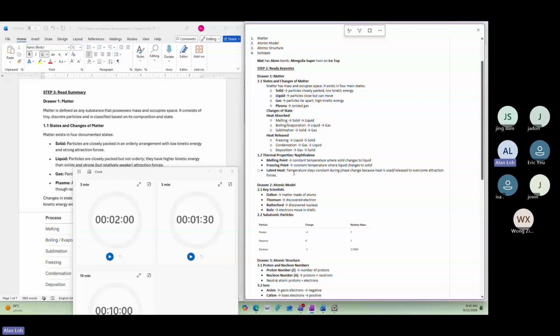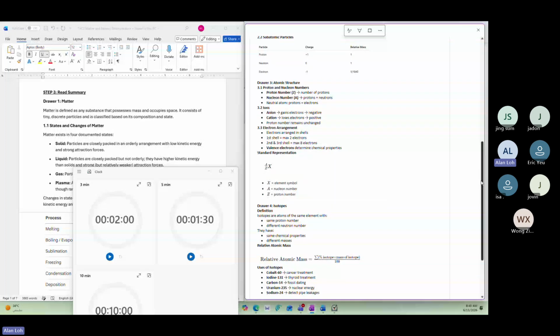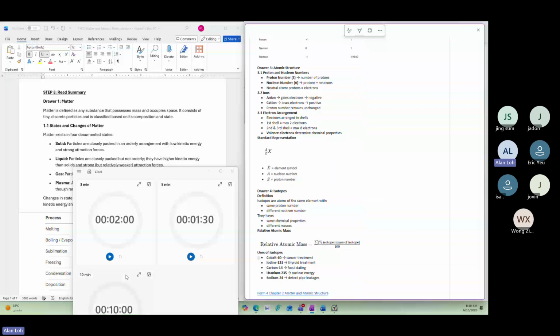Okay. Yep. So that is drawer 1 and drawer 2. Let's continue to go on drawer 3 and drawer 4. All right. We'll do 2 minutes as well. Let's start now. Atomic structure and isotopes. Isotope, ice on top.